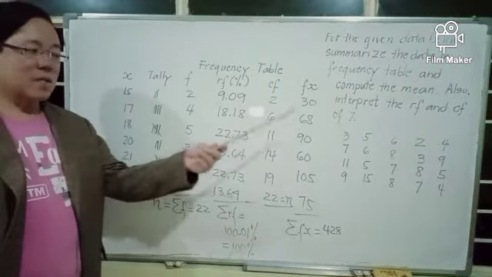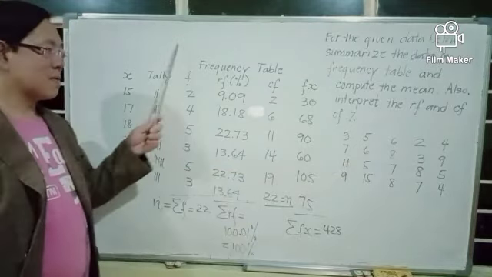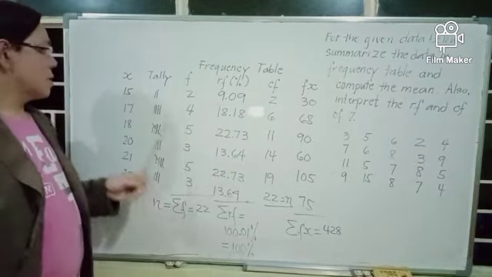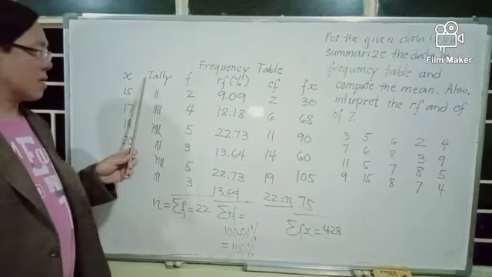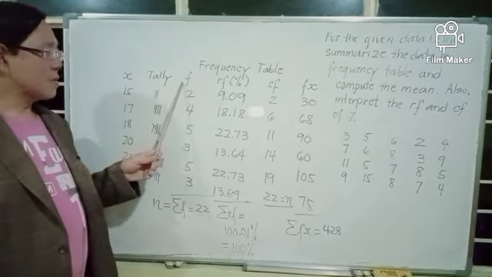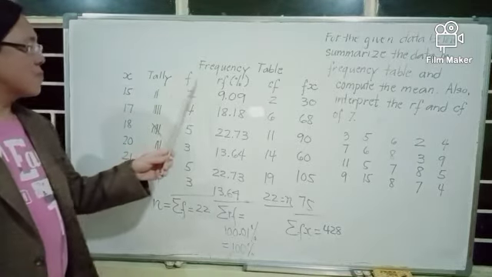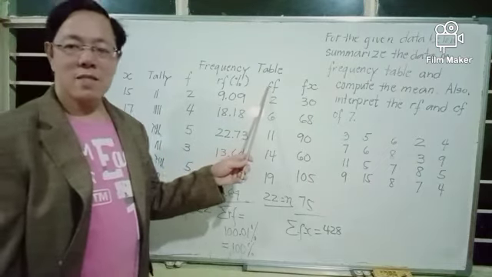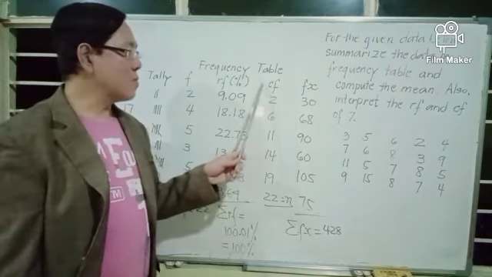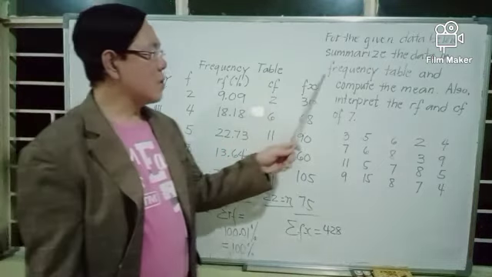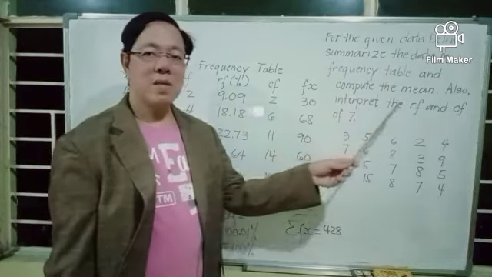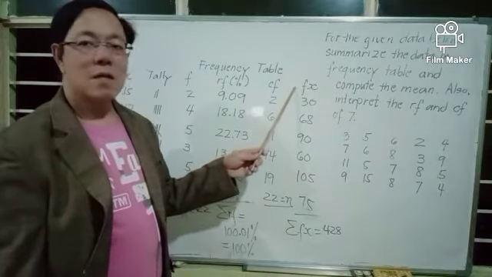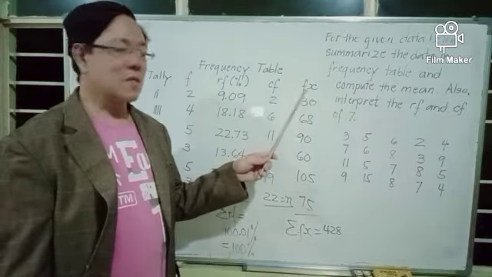You will summarize the given data in a frequency table. In the first column, you write X, second column, tally, third column, the frequency column, fourth column, the relative frequency column, and the next column is the cumulative frequency column or CF. Since you are asked to compute the mean, you need the summation of Fx column.